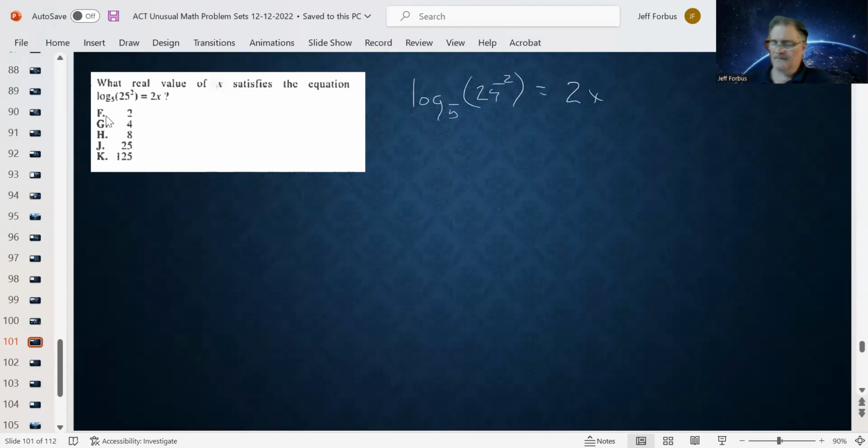Okay. So what we're going to do, the opposite of logarithms is exponentials. So we're going to convert our logarithm into an exponential. We're going to say base 5, because it says log base 5, base 5 raised to the 2x power is equal to 25 squared.